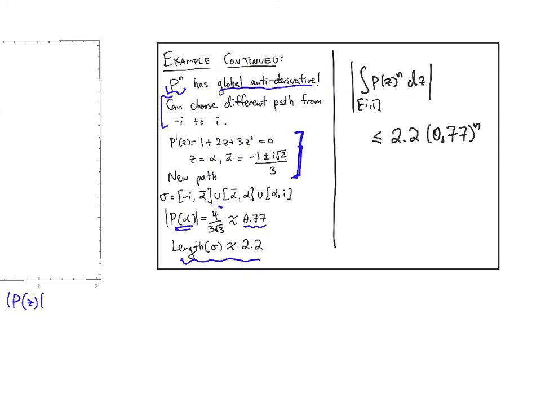So our original integral, I can bound it by the length of our new curve times the maximum of P on the new curve, which is now 0.77, but I have P to the n, so I get this to the nth power. And so now, where before I had bounded it just by a constant, now I actually get exponential decay.